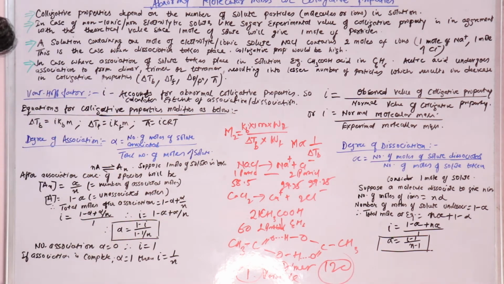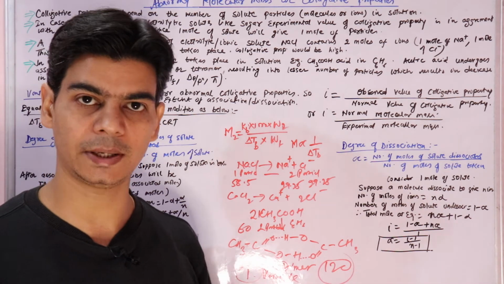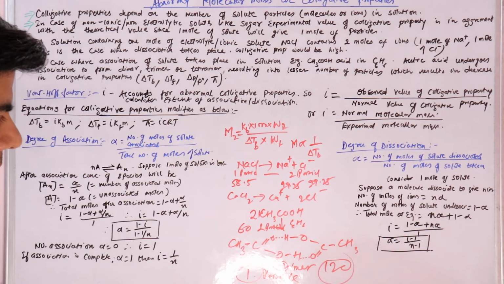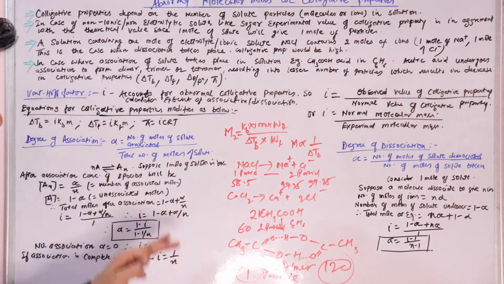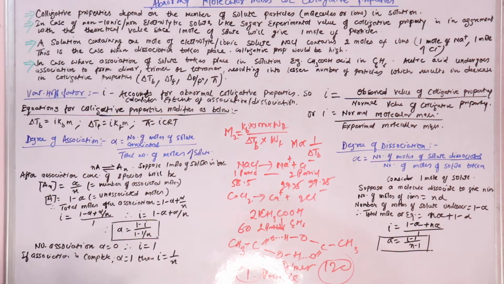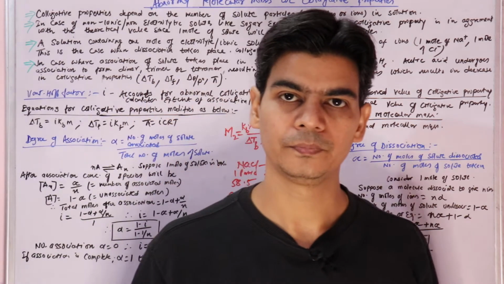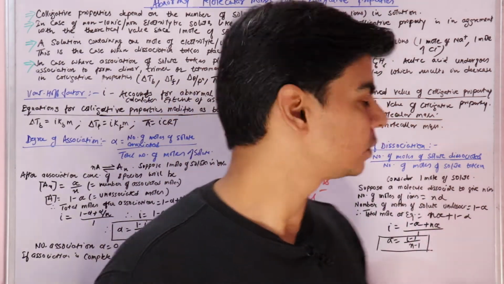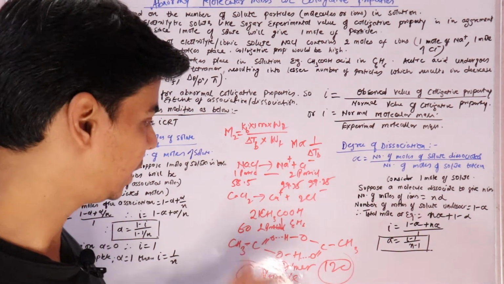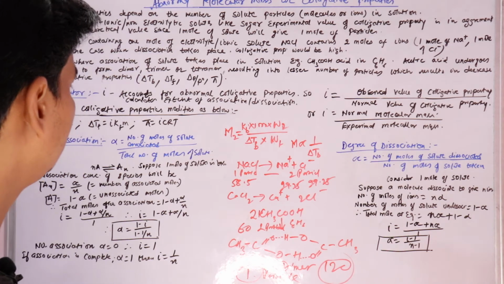This Van't Hoff factor can also be used to calculate the extent of dissociation and association. Like the association and dissociation that we have discussed here, using Van't Hoff factor we can also calculate the extent of association and dissociation, right? And I repeat, the Van't Hoff factor accounts for the abnormal colligative properties that we have just discussed due to association and dissociation, right?